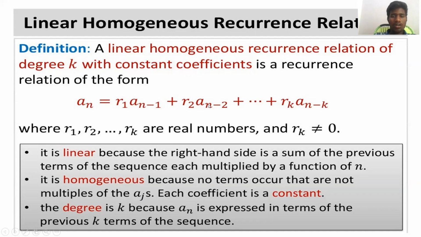Here r1, r2, rk are constants, and we have the different terms an-1, an-2, so we call it homogeneous and linear. The degree is k because an is expressed in terms of the previous k terms of the sequence.